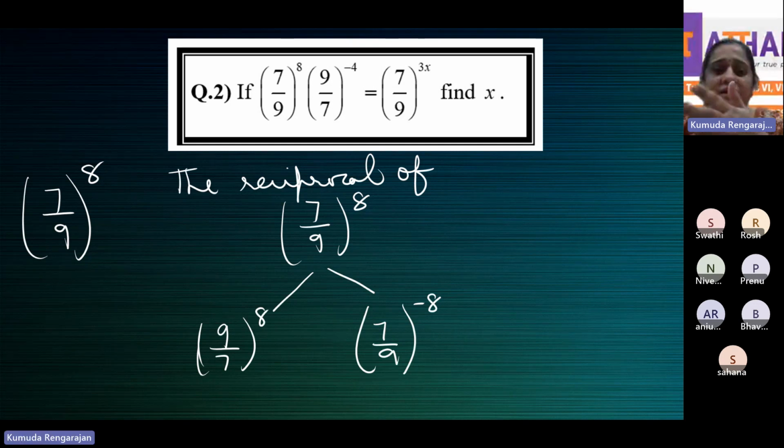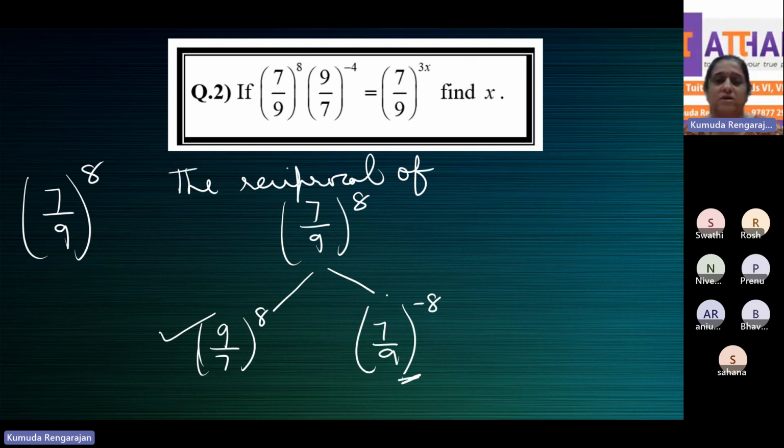The two changes are reciprocal of the base, negative of the power. If you make both the changes, you're writing the equivalent. If you do only one of the two changes, then you're writing the reciprocal. So here you have taken the reciprocal of the base, but written the power as it is.